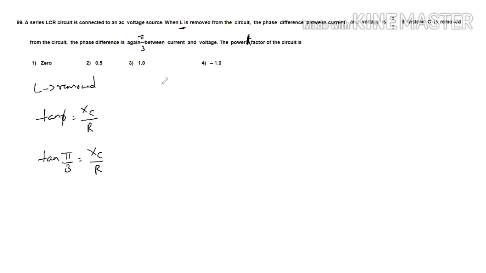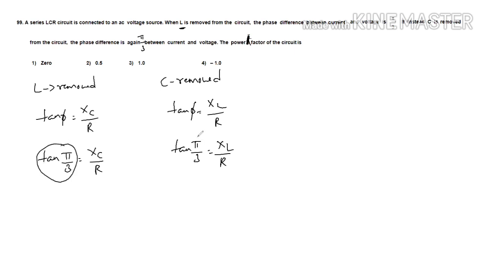So instead of L, if C is removed, then tan phi is equal to XL by R. And even that phase angle is given as pi by 3, so tan pi by 3 is equal to XL by R. So in these two equations, as the LHS is equal, we can equate the RHS. So we will get XL is equal to XC, which is nothing but the condition for resonance.